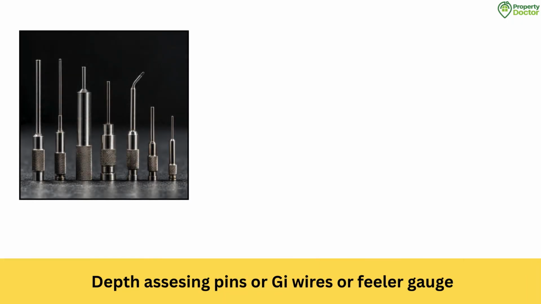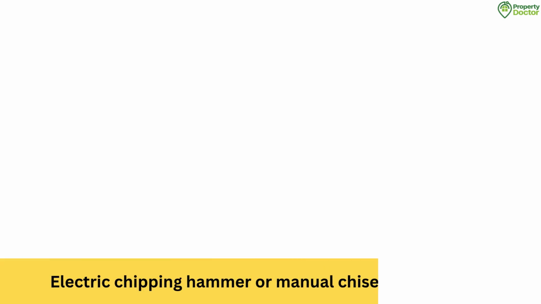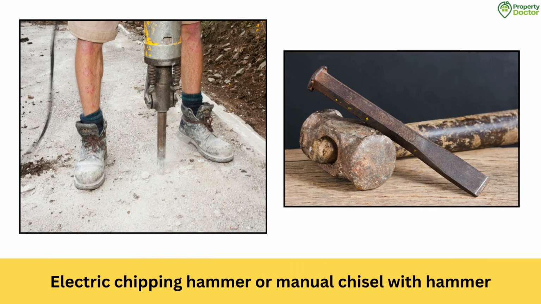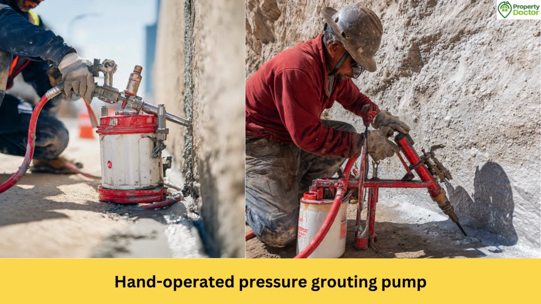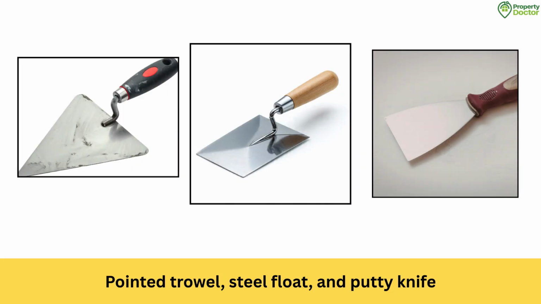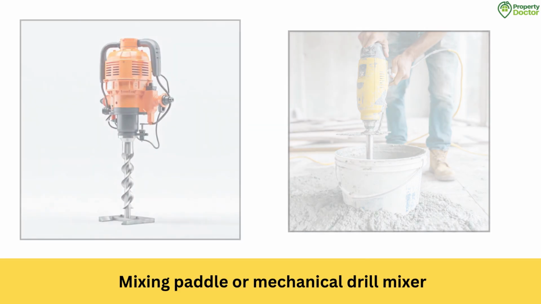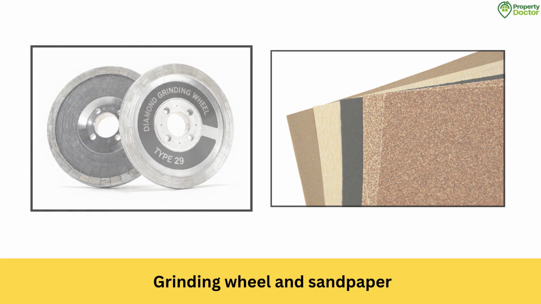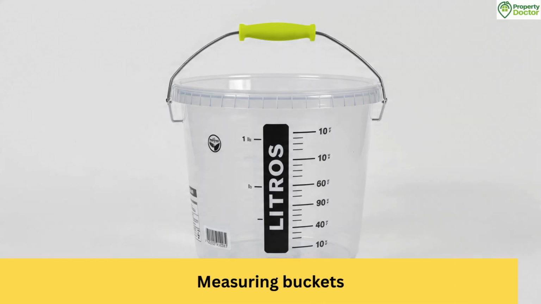Tools required: depth assessing pins or GI wires or feeler gauge, electric chipping hammer or manual chisel with hammer, wire brush and high-pressure water jet, hand-operated pressure grouting pump, cementitious nozzles or packers, pointed trowel, steel float, and putty knife, mixing paddle or mechanical drill mixer, depth gauge or ruler, grinding wheel and sandpaper, safety equipment like gloves, goggles and dust mask, and lastly, measuring buckets.